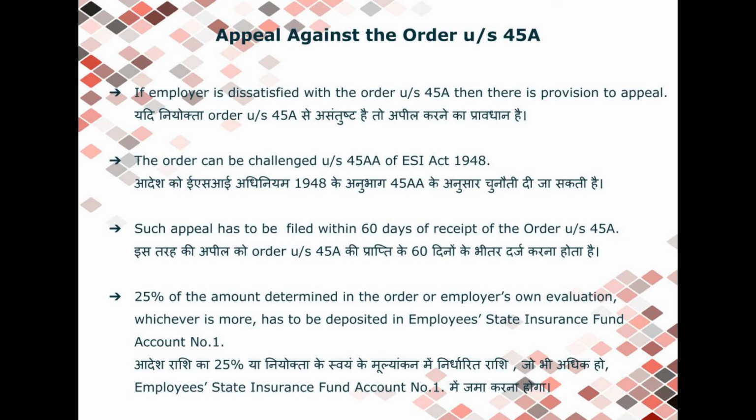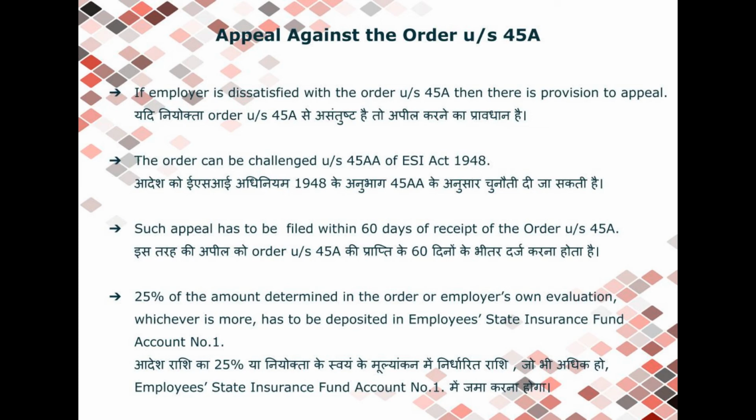There are 2-3 conditions which are important to appeal against the speaking order under section 45A. First important condition, the appeal has to be filed within 60 days of receipt of the 45A order. Second condition, you have to deposit 25% of the amount determined in 45A or the contribution payable according to you, whichever is higher, to the ESIC in ESIC fund account number 1.